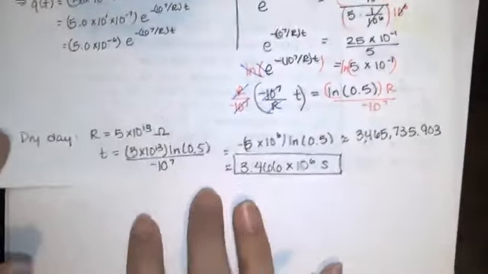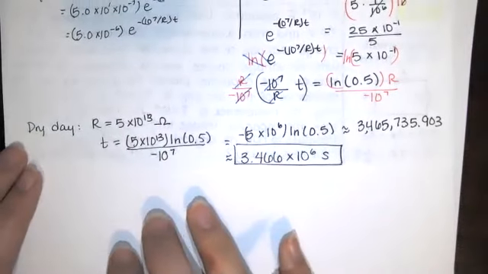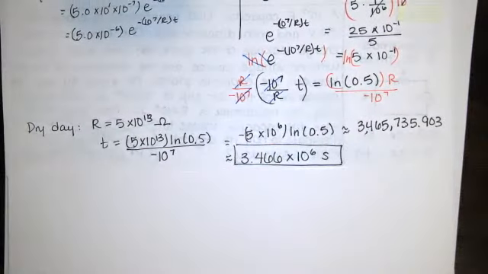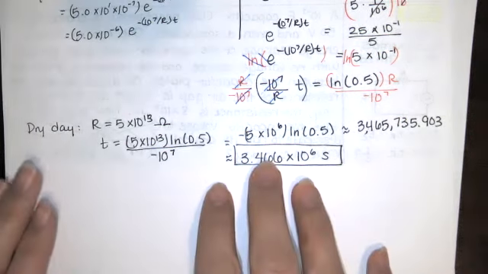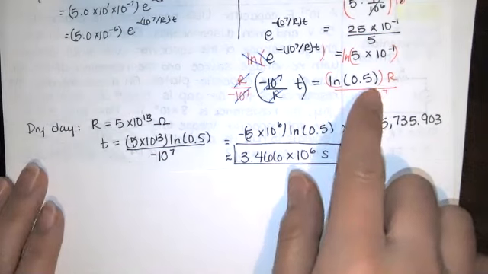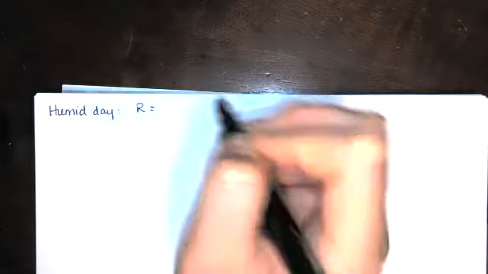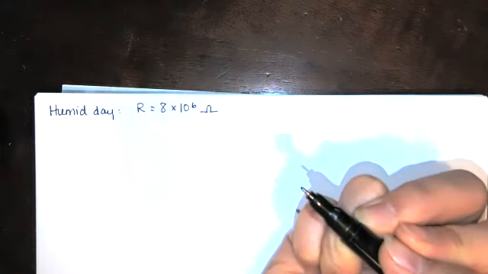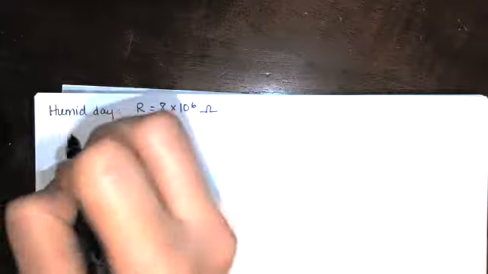And then the other one will be very similar. We'll just substitute in the resistance for the humid day. Okay, so we're going to substitute the other R value here. On a humid day, the resistance is 8 times 10 to the 6 ohms.